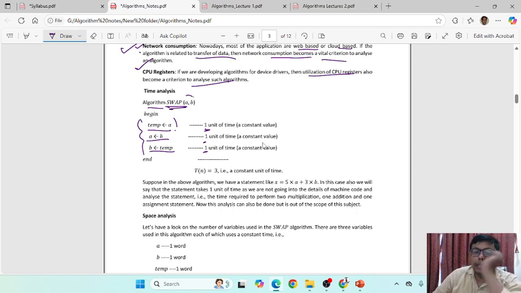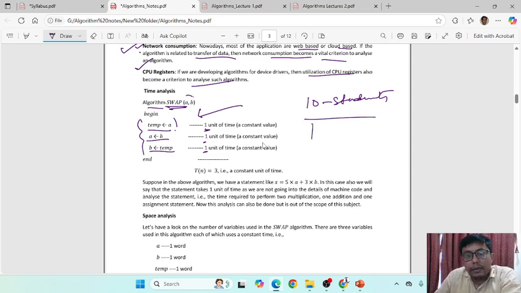Let me clarify one thing. Suppose there are 10 students who are implementing this particular algorithm as a program, and these 10 students are given 10 PCs having the same configuration.